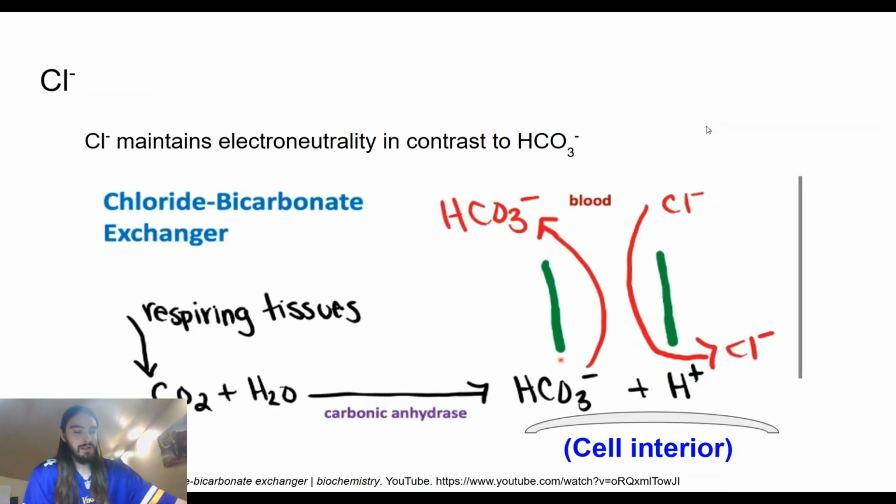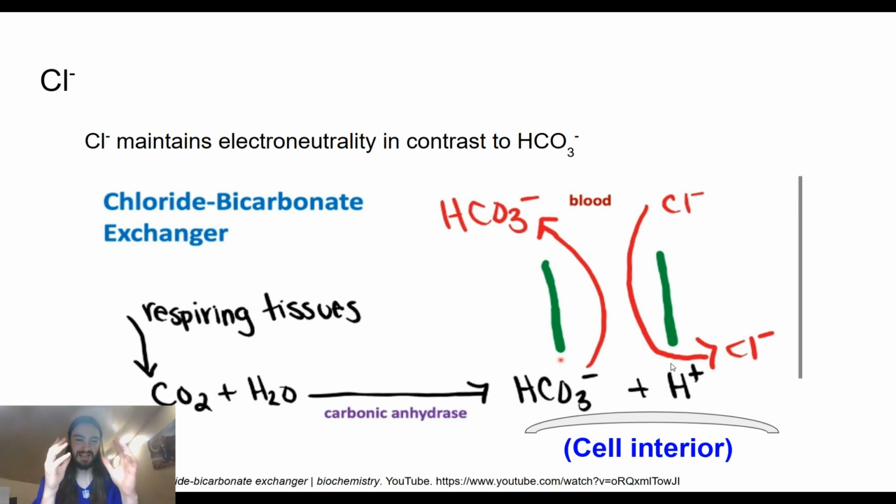So chloride maintains electroneutrality. You could say that it maintains electroneutrality with sodium out there in the extracellular fluid, but also in contrast to bicarbonate. When cells or tissues are respiring, creating CO2, those cells will convert some of it into bicarbonate via carbonic anhydrase, that enzyme.